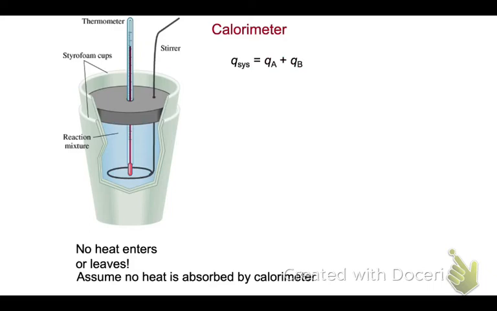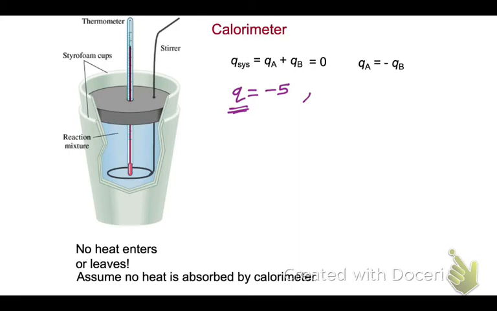So now, an important thing that I want to teach you is heat absorbed equals negative heat released. And let me explain this to you in a simple way. Let's say that the reaction released a Q that equals -5, because remember how a Q has a sign, and if it's exothermic, then it's a negative sign.